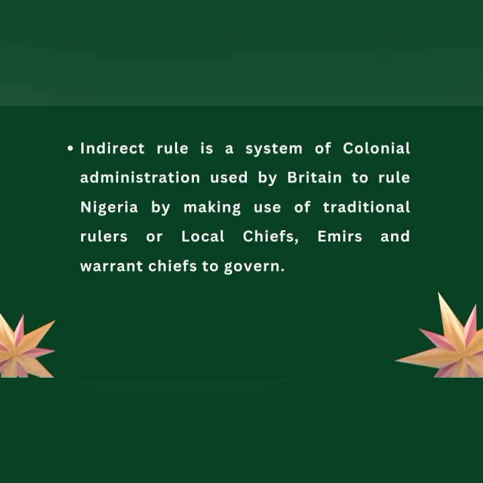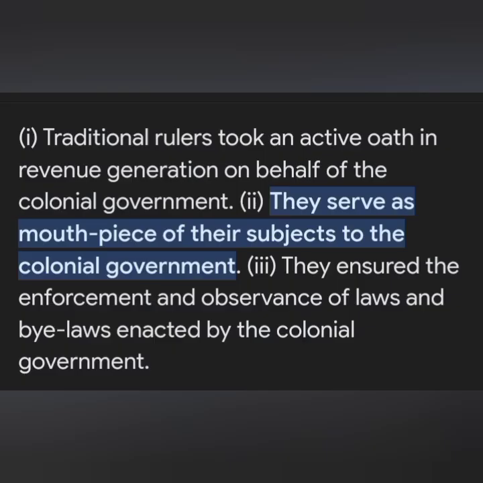The British were not directly involved in controlling the affairs of the natives. What they did was that the traditional rulers were appointed. So that is that about the system of indirect rule that was used by the British to control or govern Nigeria after Nigeria was conquered by her.